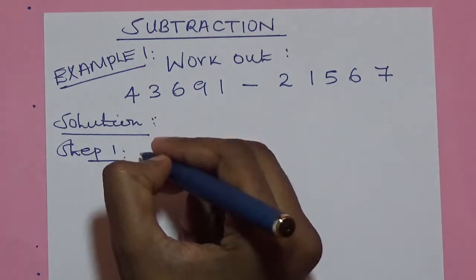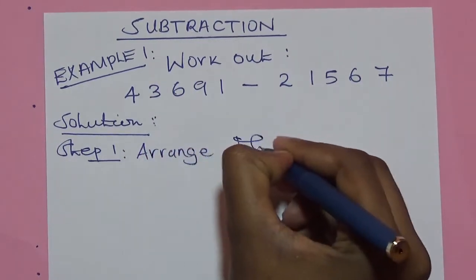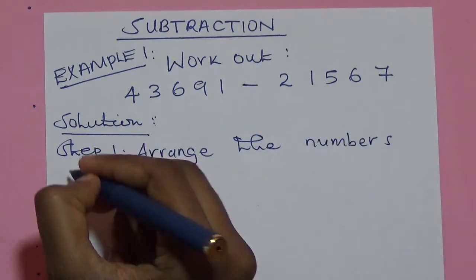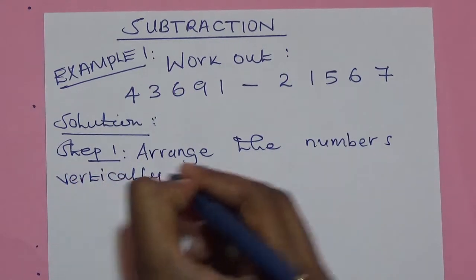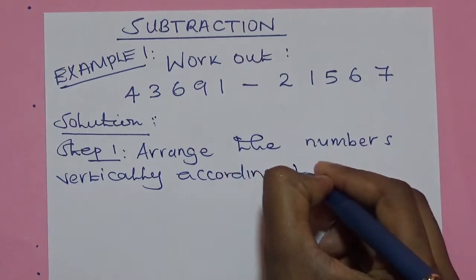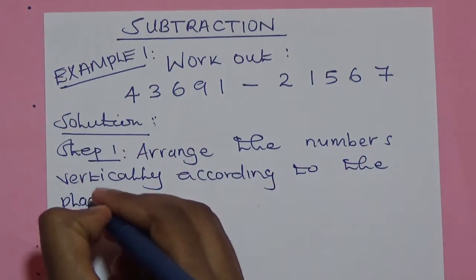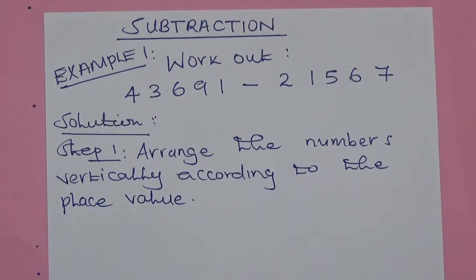So step number 1 is to arrange the numbers vertically according to the place value. So this is the first step.